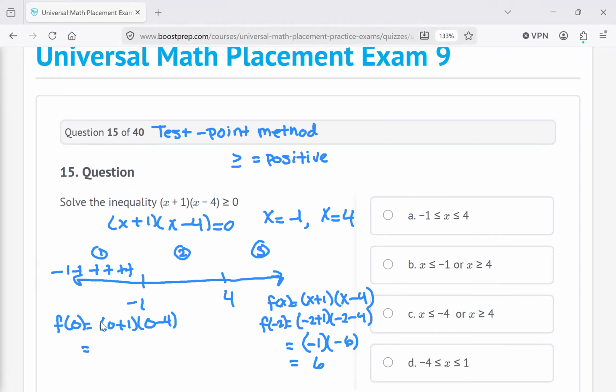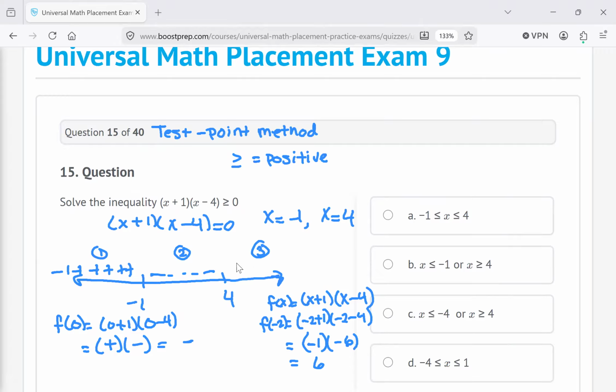You don't really have to worry about the number, just figure out if it's positive or negative. 0 plus 1 is positive 1, but I only care about the sign. It's positive. 0 minus 4 is -4, a negative. And what do we know about a positive times a negative? It is negative. So we're going to put a minus.